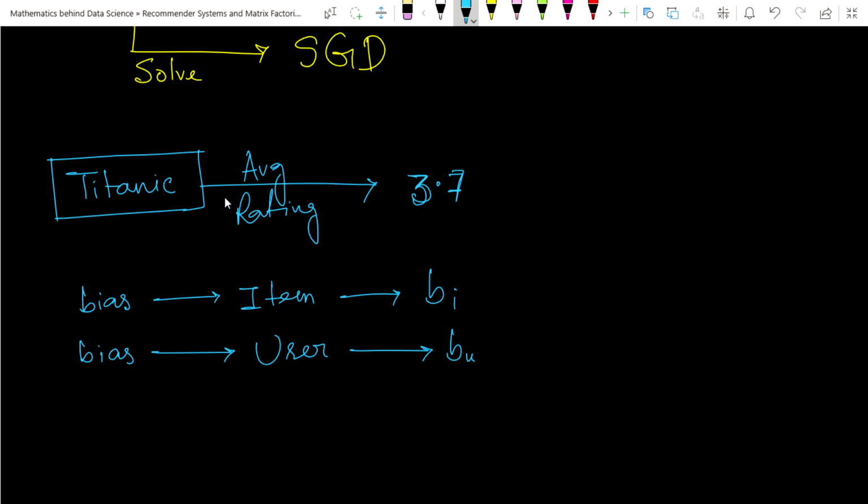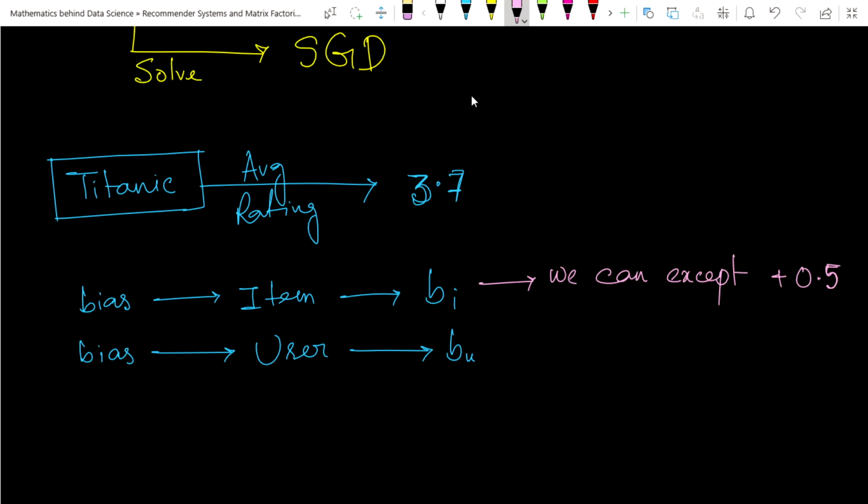Since Titanic is a famous movie, we can expect the bias term for this movie to be plus 0.5.